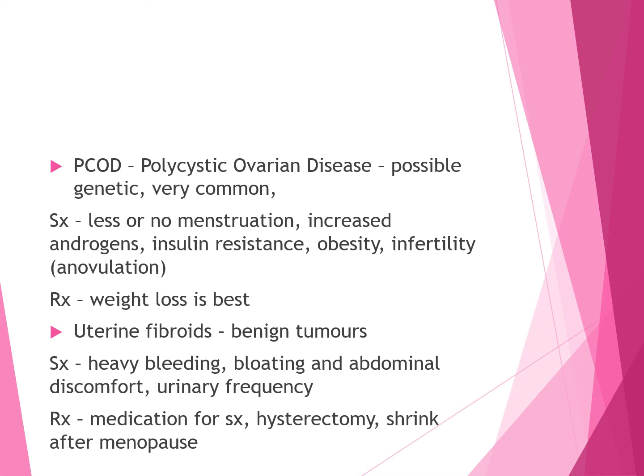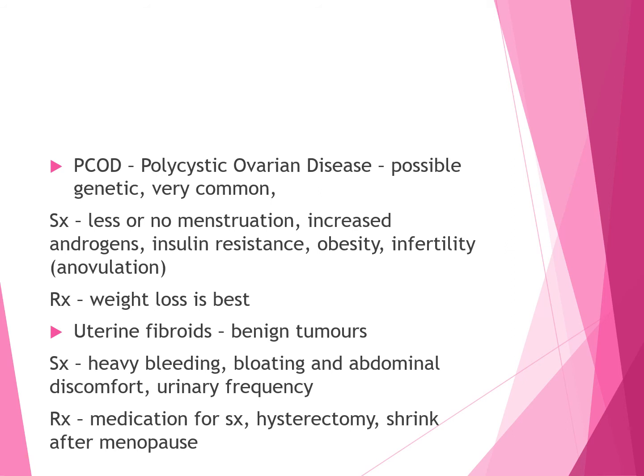Another is uterine fibroid, a benign tumor. In this, heavy bleeding is there, bloating and abdominal discomfort, urinary frequency. If this problem is there, then only you should give the treatment. Otherwise, in menopause, it shrinks.